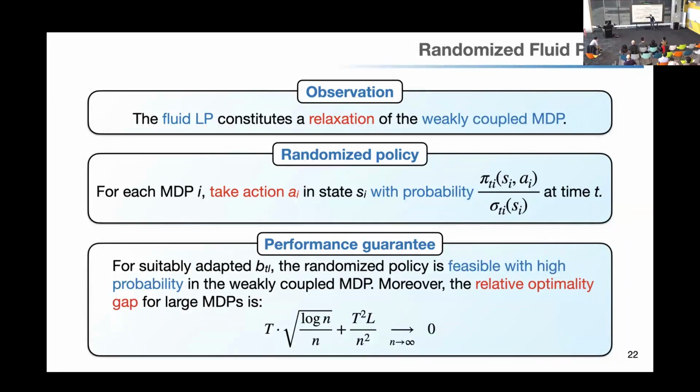If we suitably adapt our resource availabilities, we have the formula for that in the paper, then the randomized policy will be feasible with very high probability, going to 1 very quickly as the system gets large. And the relative suboptimality, so the percentage suboptimality, goes to 0 as the number of patients increases.